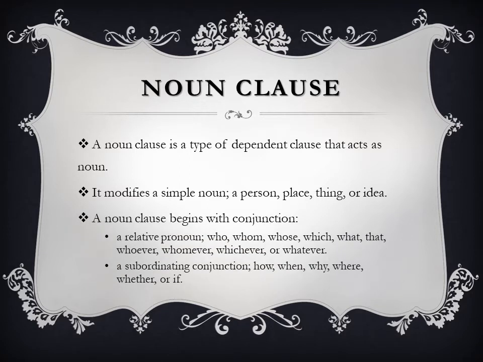A noun clause usually begins with conjunctions such as a relative pronoun: who, whom, whose, which, what, that, whoever, whomever, whichever, or whatever. And also, we can use a subordinating conjunction such as how, when, why, where, whether, or if.